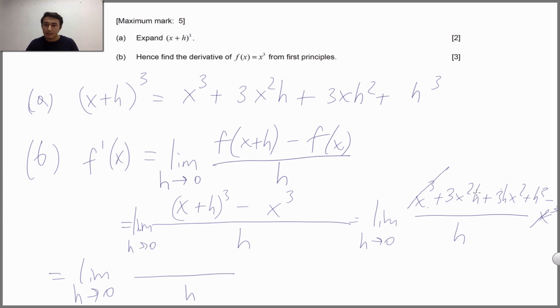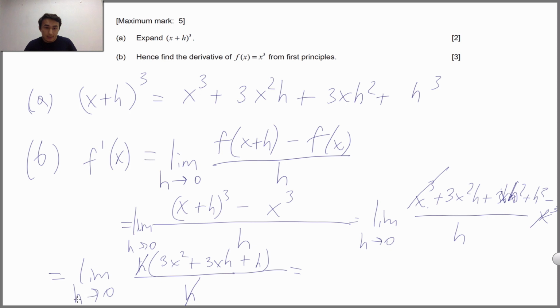And then we have this expression divided by h. Let's factorize h out. All of these three elements have h. So h out, what's left is 3x squared plus 3xh plus h squared. Pardon me, I should have put 3 here and then h squared there. Then this h and that h cancel each other.